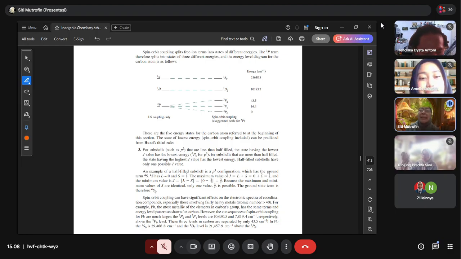For p2, how many suborbitals belong to the p orbital? Belinda? How many suborbitals belong to the p orbital?